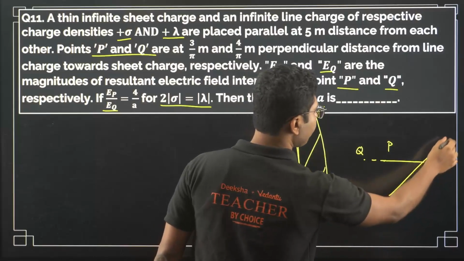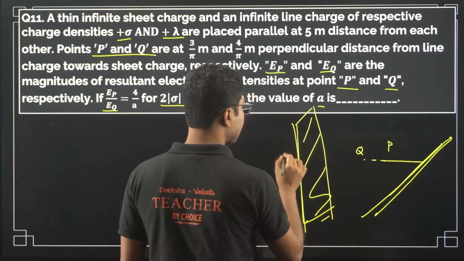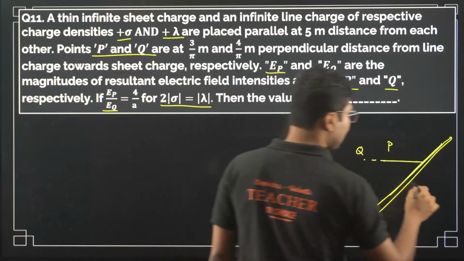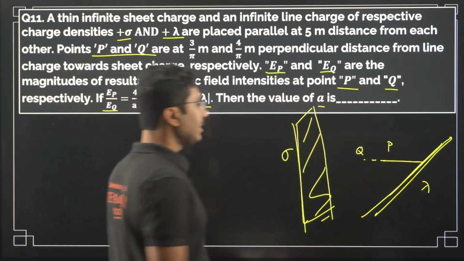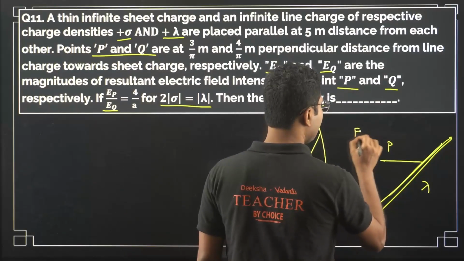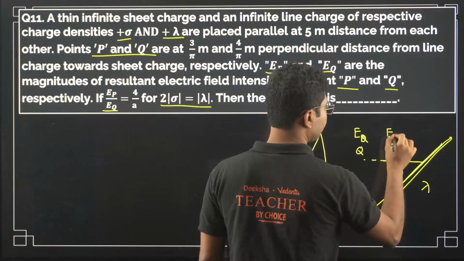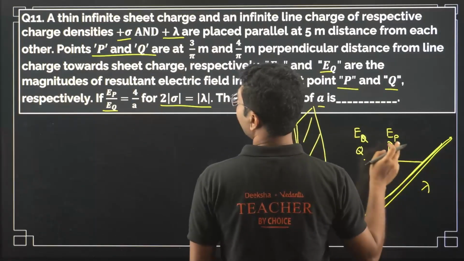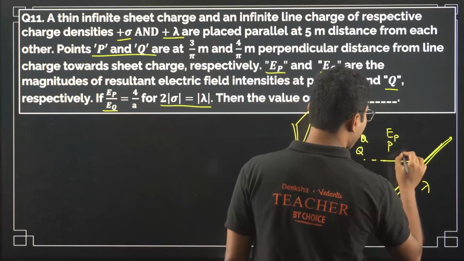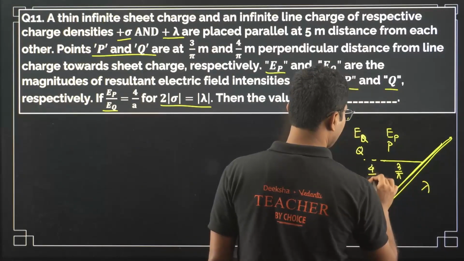This is also an infinite line charge. The surface charge density is sigma here, the line charge density is lambda over here. You have to find the electric fields EP and EQ. The distance for P is 3 by pi and this is 4 by pi.